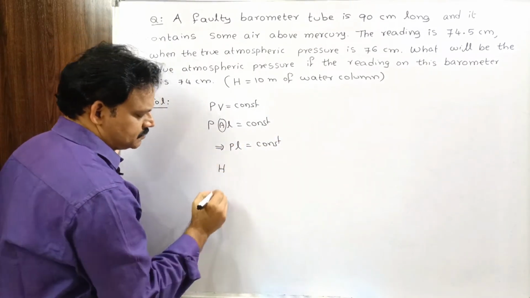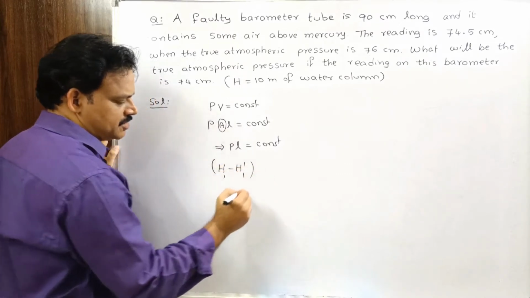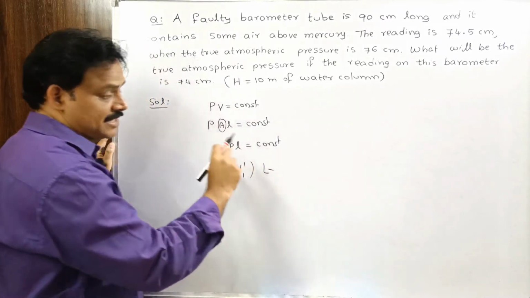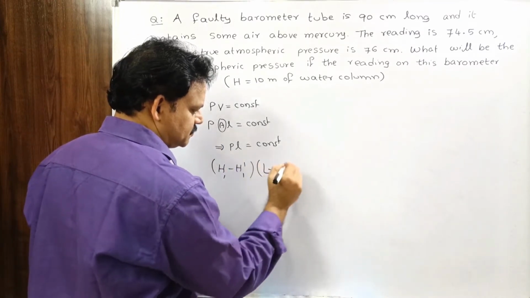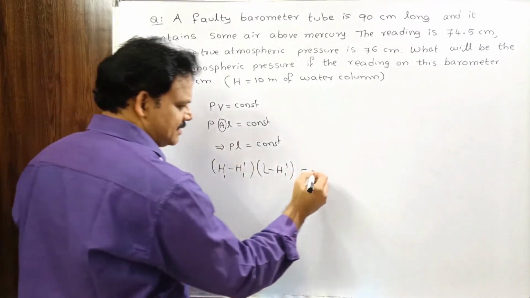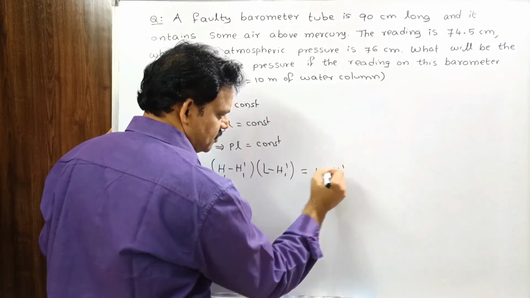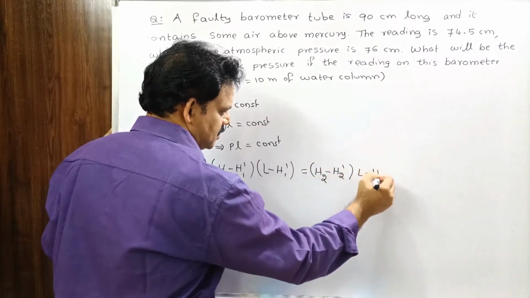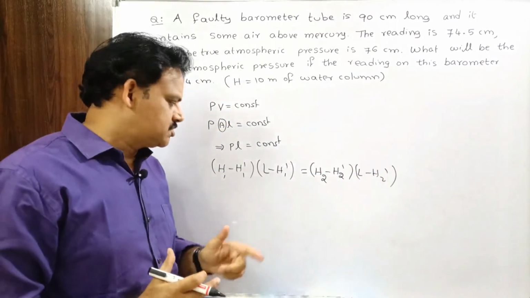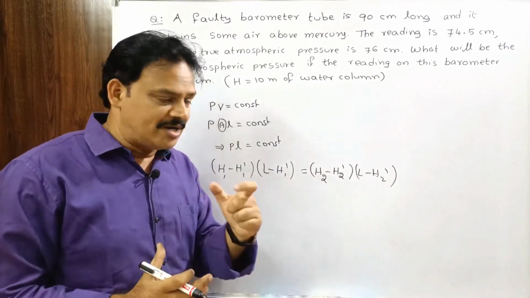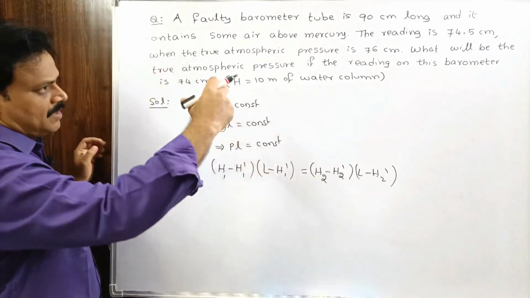True value H1 minus fault value H1 dash, into capital L, the length of the glass tube minus the fault value, is equal to, for the second reading, true value H2, fault value H2 dash, L minus H2 dash. Here H1, H2 are true values, H1 dash, H2 dash are faulty values given by the barometer, and capital L is the length of the glass tube.